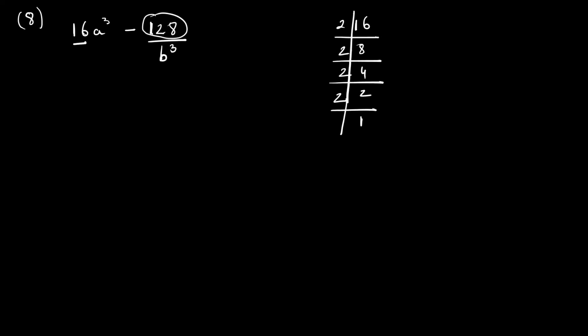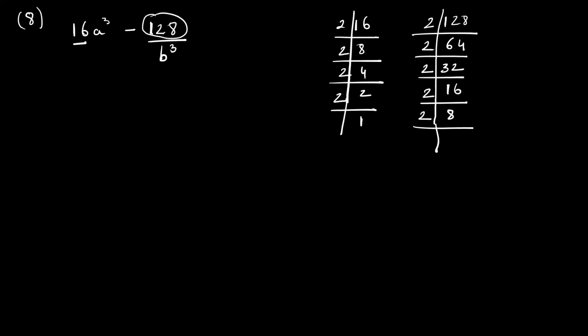And 128 here. 2 64s are 128, then 2 32s are 64, 2 16s are 32, 2 8s are 16, 2 4s are 8, 2 2s are 4, 2 1s are 2.